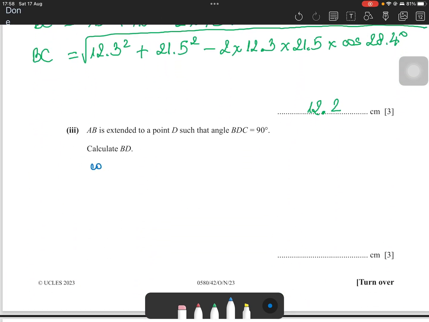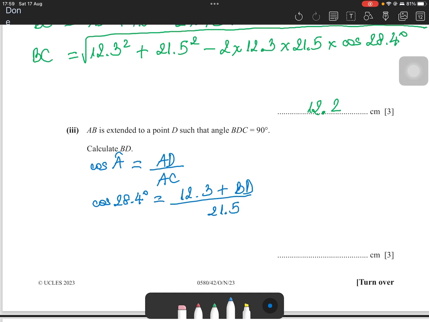I'll rewrite it. Cos A is equal to adjacent AD over hypotenuse AC. So cos of 28.4 degrees is equal to 12.3 plus BD over 21.5.